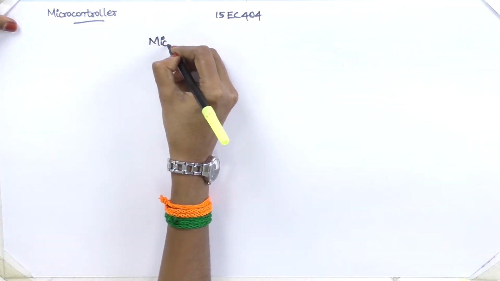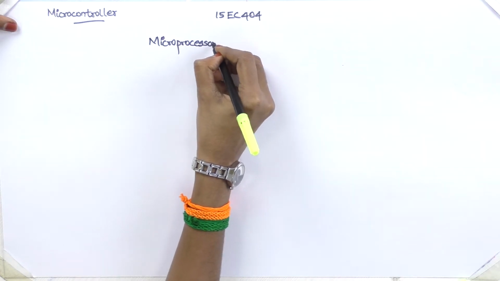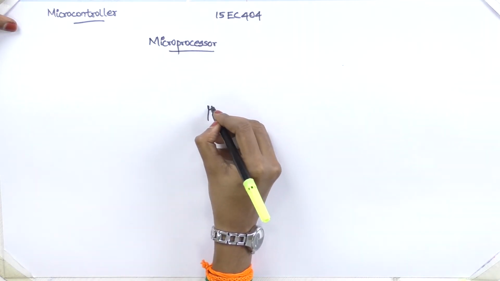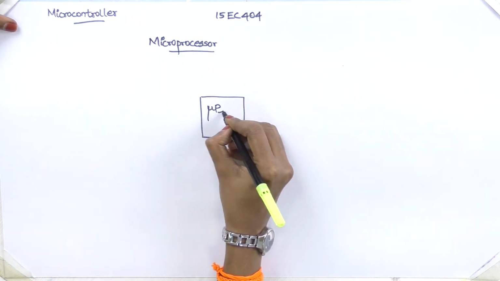In the first introduction video lecture itself I have told you about the processor and controller. So first, in a processor, what do we have? We have our processing unit, the processor as the center part.